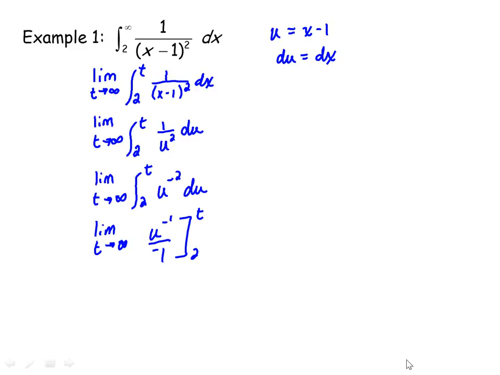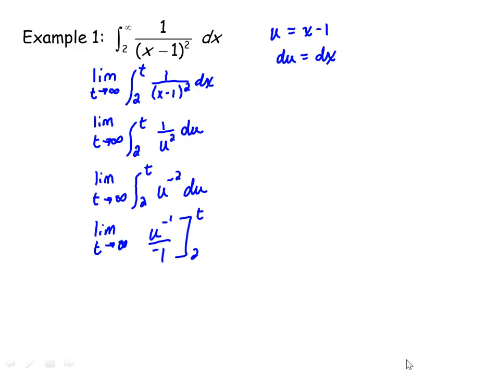Well, I did that, did I not? The antiderivative of u to the negative 2, you add 1 and divide by the new exponent. So there's the antiderivative. That's what that symbol told me to do. So since I did what that symbol told me to do, that symbol's gone. So now I have to put those boundaries somewhere. I can't just throw those boundaries out. That's why we move it over here and put our boundaries there.